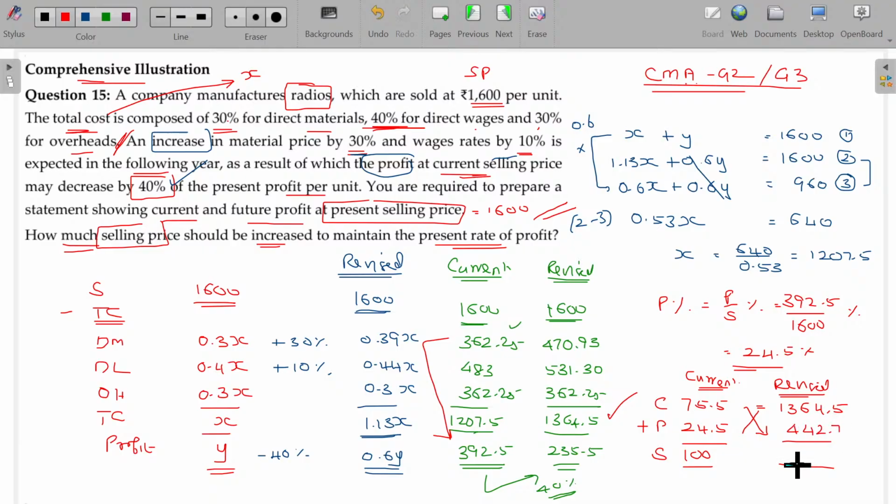If I add this, the revised sales price is 1807. Am I right? So from the existing sales price, how much are you increasing? 207. Is it correct?